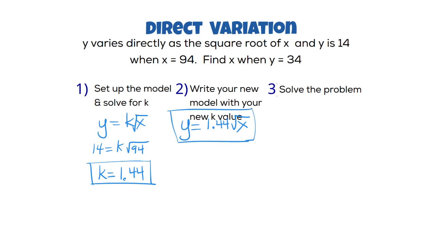And then sometimes there's just one question, sometimes there's many, but you're going to use your model then to solve whatever they want you to solve for. In this case, they just want us to find x if y is 34. Y is 34. I'm going to solve this for the x. Looks like I need to divide by the 1.44.